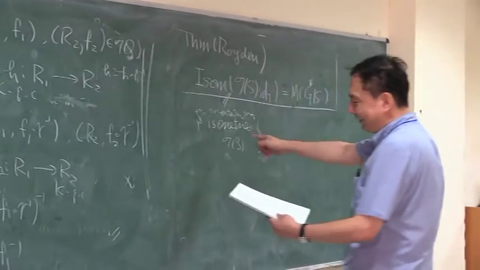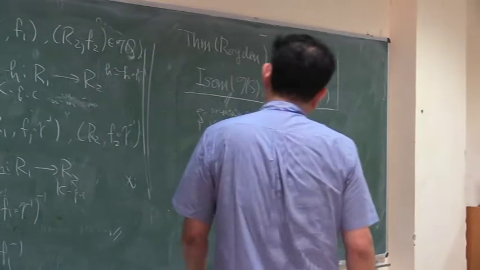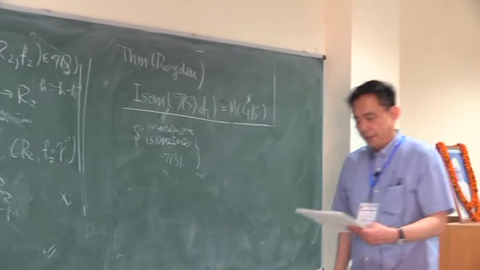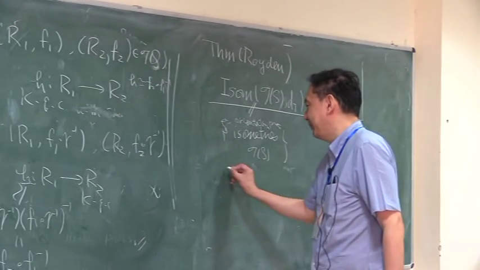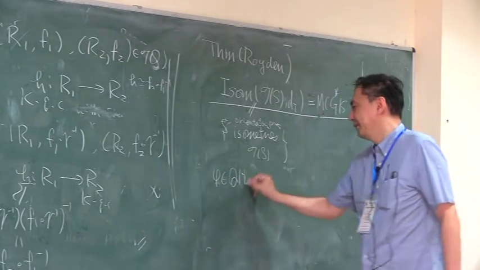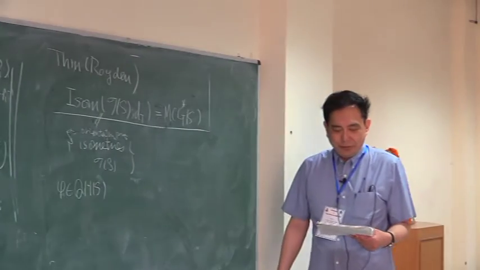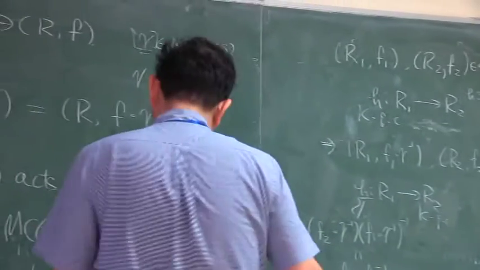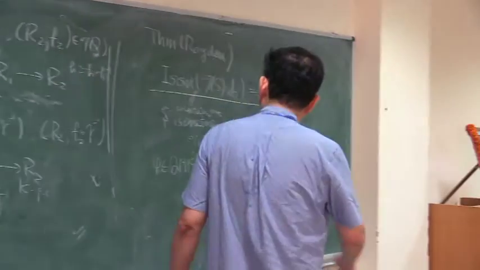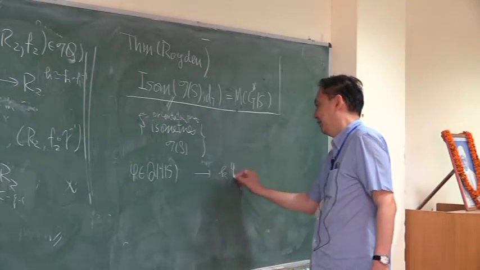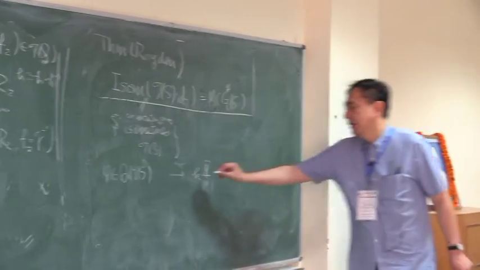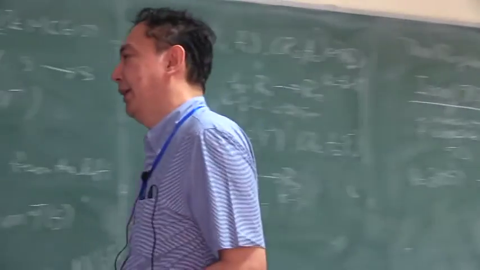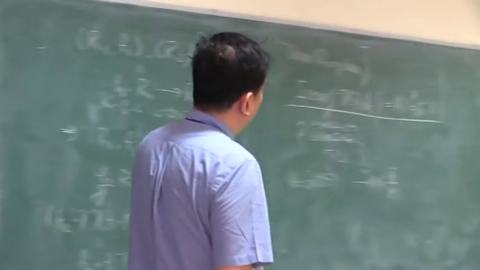To state the stronger version, let me recall that if you have a holomorphic quadratic differential, then from that you construct the complex dilatation, the Beltrami coefficient, and construct the Teichmüller map.